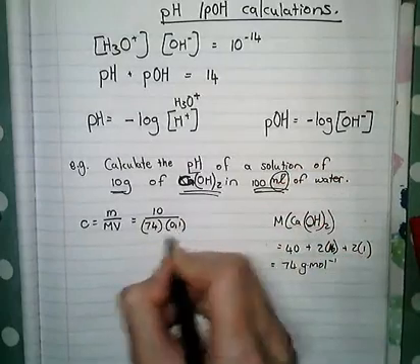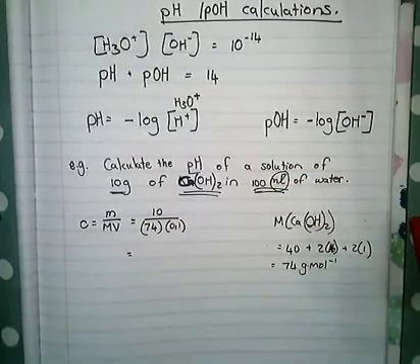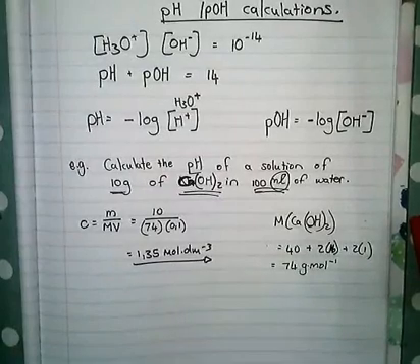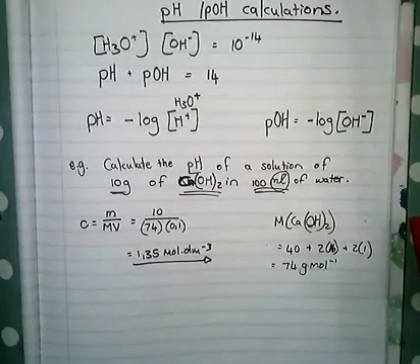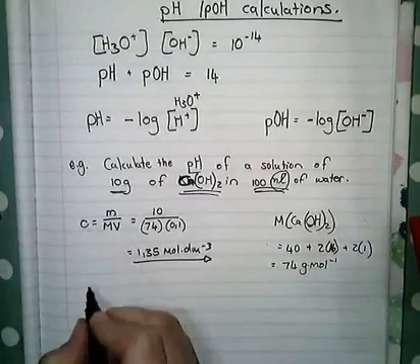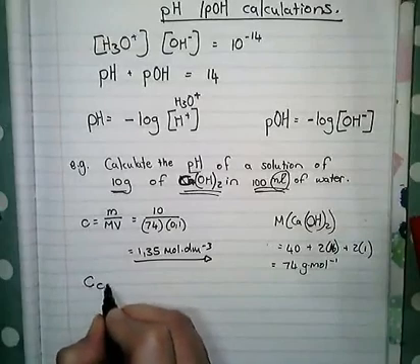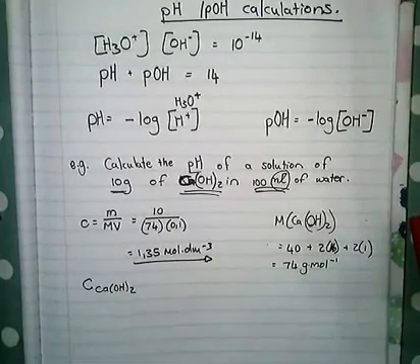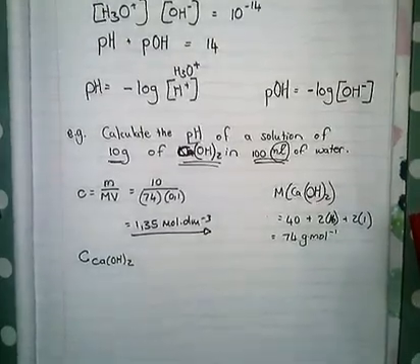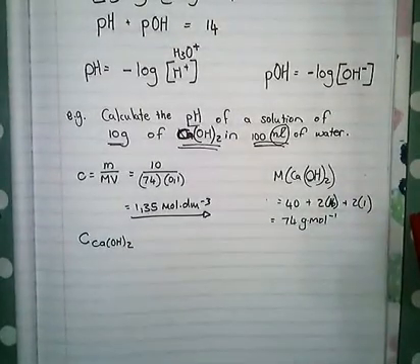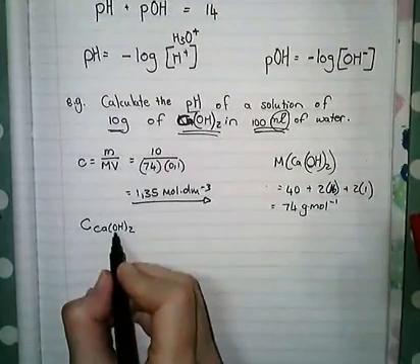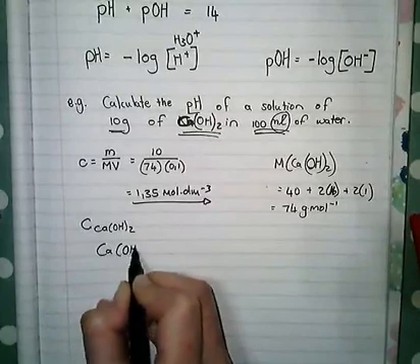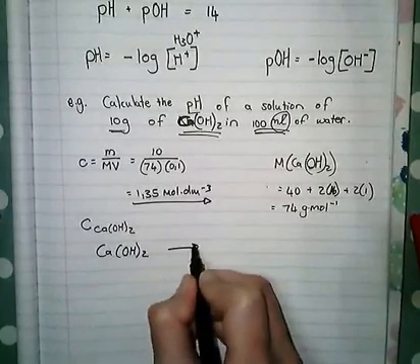When this calcium hydroxide dissociates, it's going to form one calcium ion, but two hydroxide ions, right? If this dissociates in water, then 1 mole of calcium hydroxide gives us 2 moles of hydroxide ions.